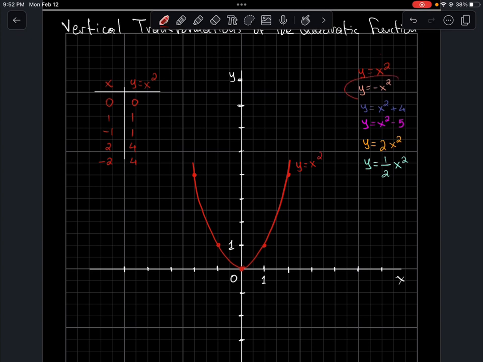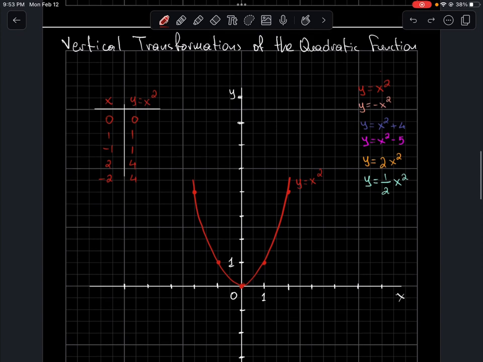Now how do I get the graph of y equals -x squared from the parent function? I see here that there is a negative and it's in front of x squared. First, that means the negative is not associated directly to x. If it was associated, there would be a parenthesis.